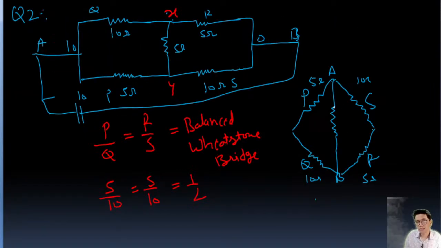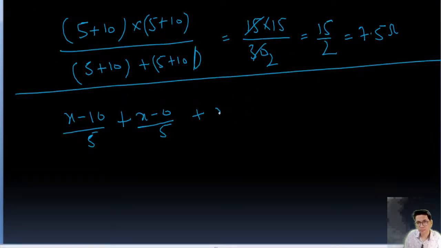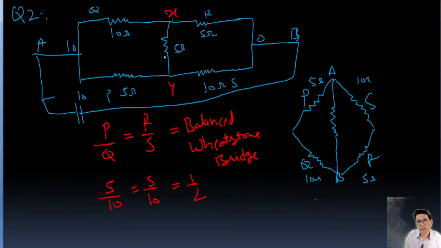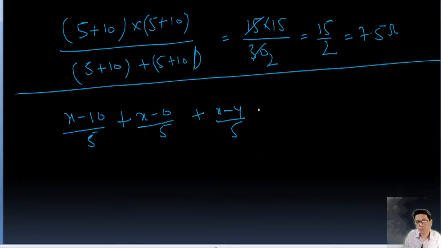Current at this will be 0, guys, okay? So x minus y upon 5, x minus y upon 5 equal to 0.